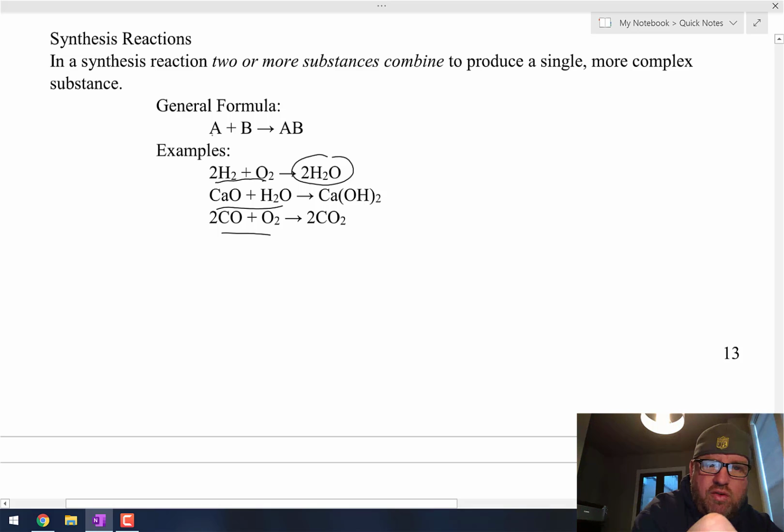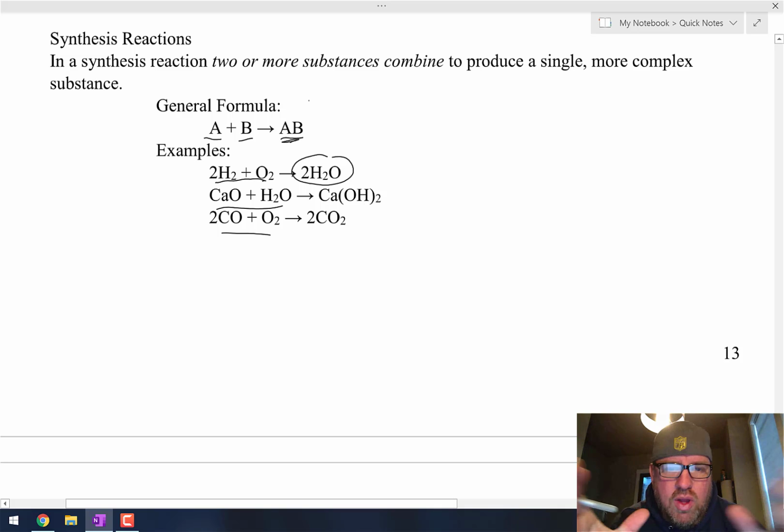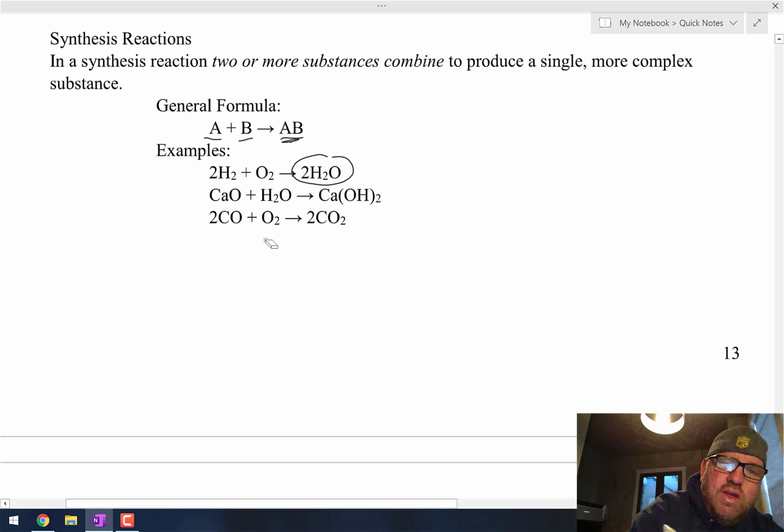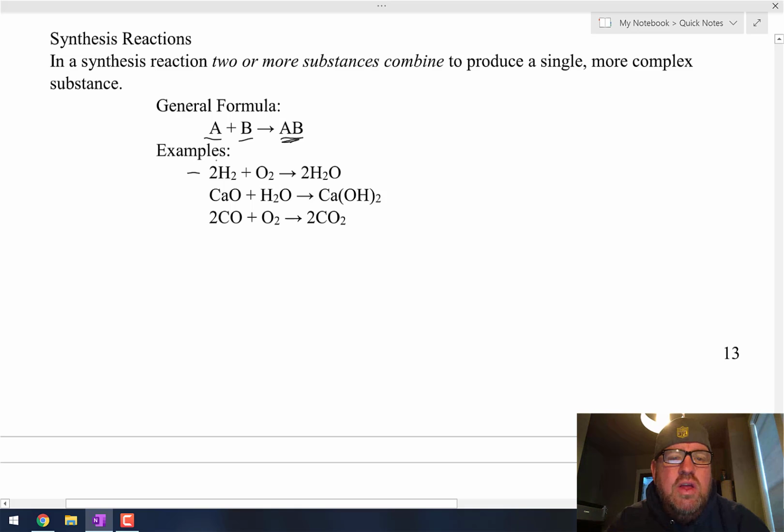So the general formula is you have two separate things, and then they come together to form a new thing on the product side. Okay, and so you're going to have two or more reactants, and you're only going to have one product where it's all combined together. So for example, the first example, when hydrogen reacts with oxygen, it makes water.